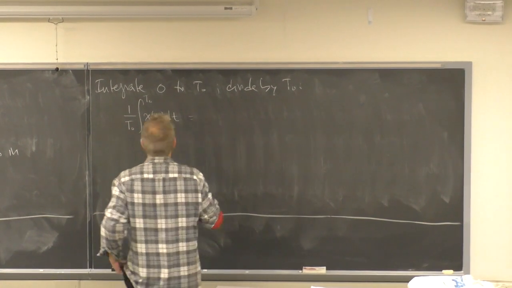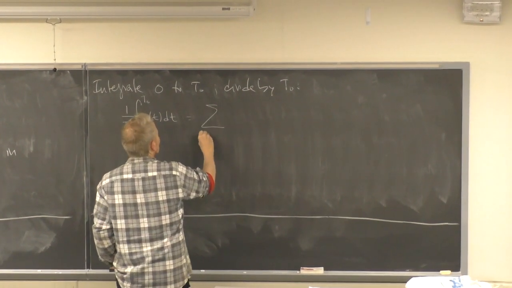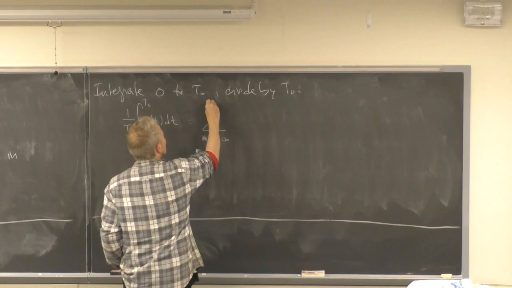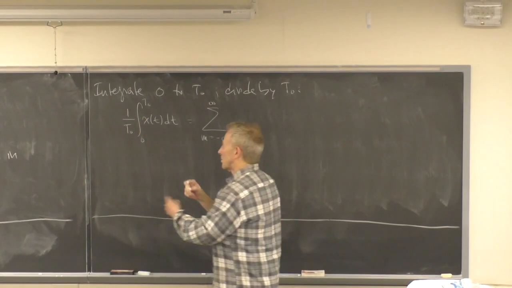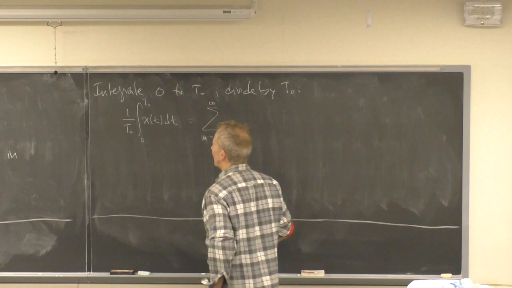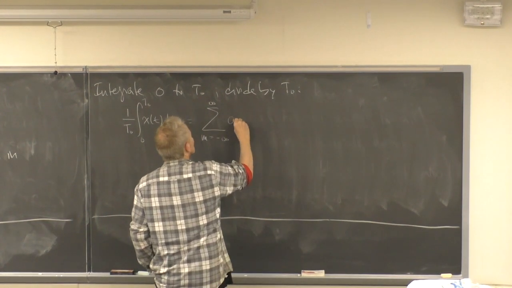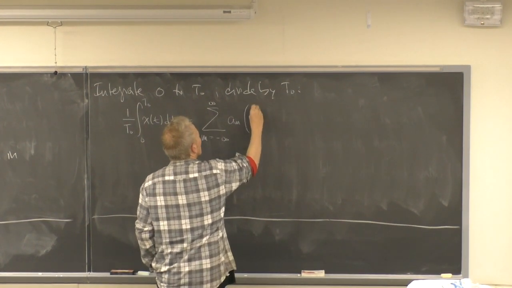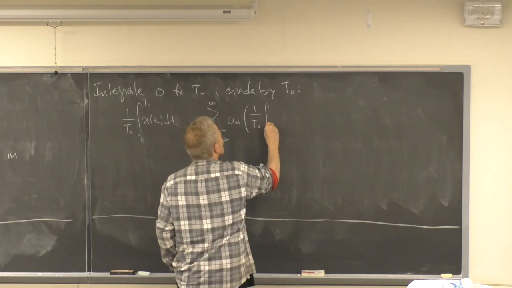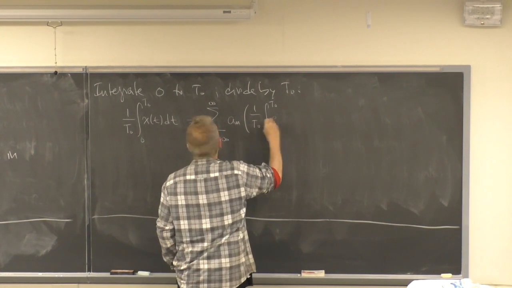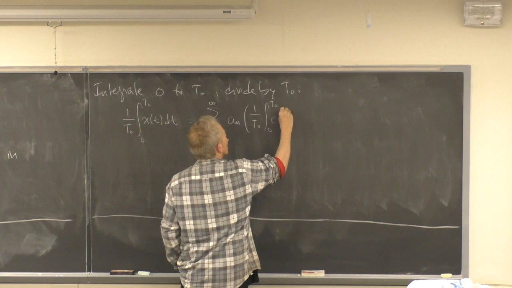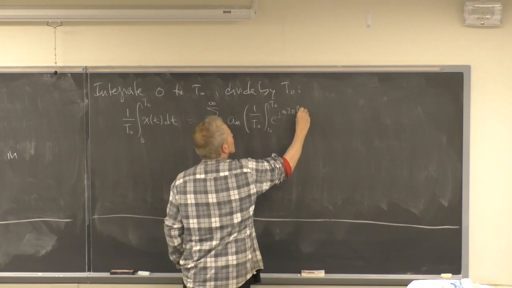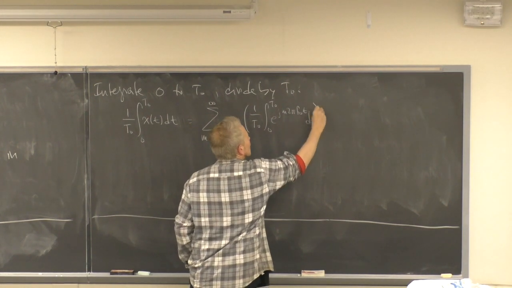Well, we get the sum, and I'm being play fast and loose with interchanging integration and summation and all that kind of stuff. We get a sub m summed over m, times 1 over t0 integral from 0 to t0 of e to the j m 2 pi f0 t dt.